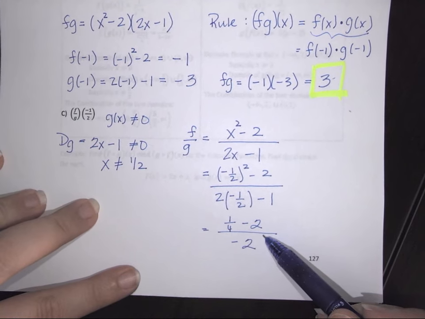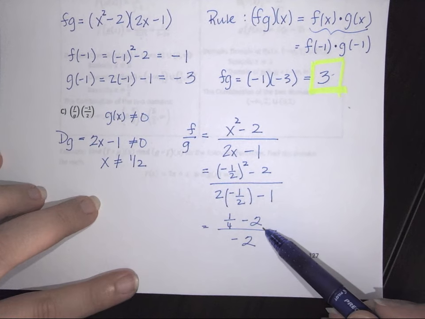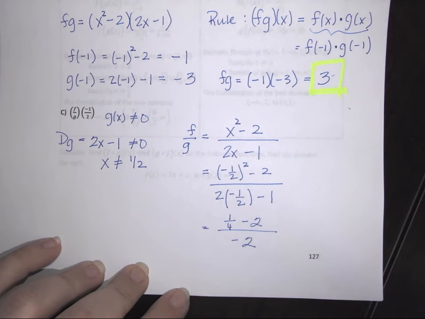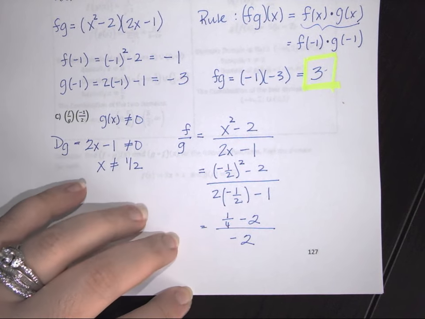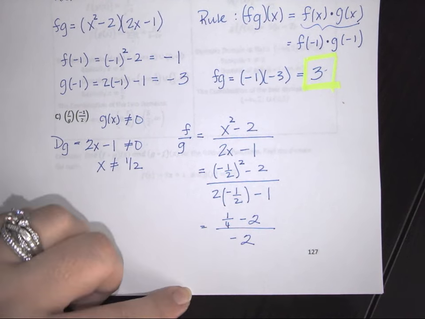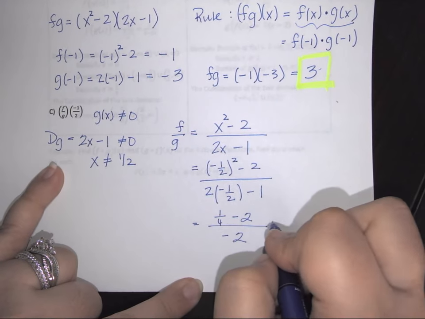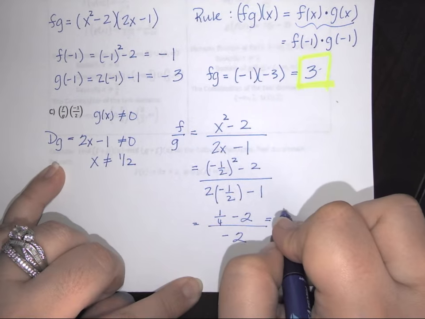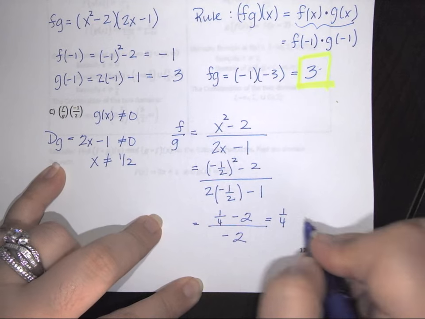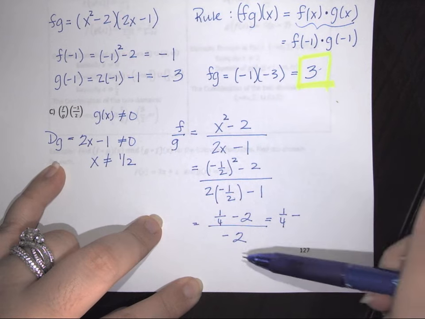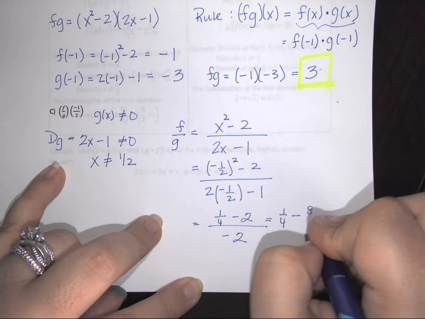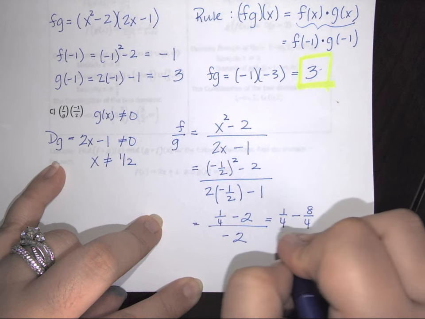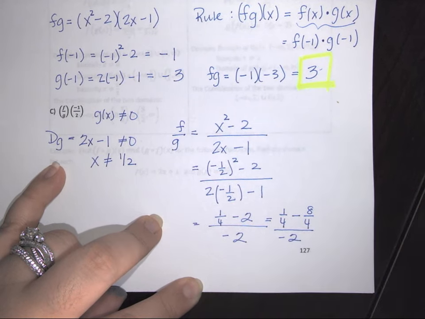Remember, to combine fractions, you need a common denominator. So this 2 here has to become something over 4. Well, remember, all numbers are over 1. So this is going to be the same as saying that I have 1/4 minus, I got to multiply the 2, so this becomes minus 8 over 4, and the whole thing's over a negative 2.